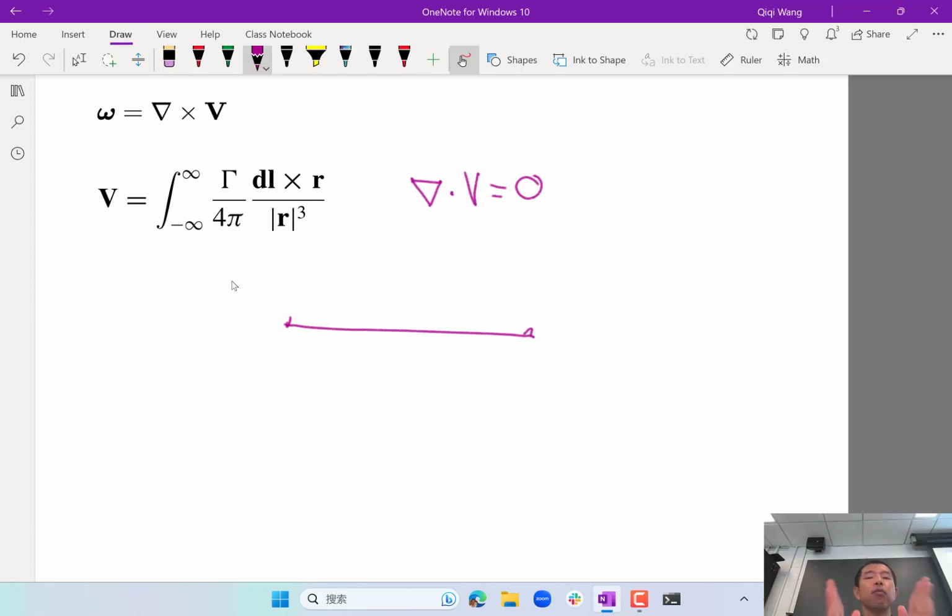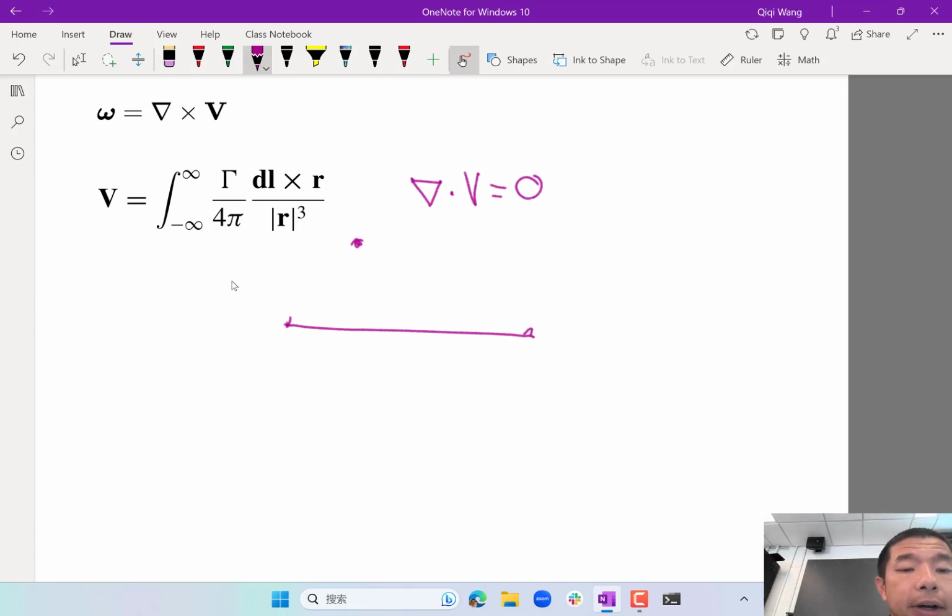So let's just focus on one particular segment, and let's approximate this segment as a straight vortex. And then let's look at one particular point that's away from the vortex and use this equation to figure out what is the velocity induced just by this segment of vortex, right? So we'll perform the integral, right?